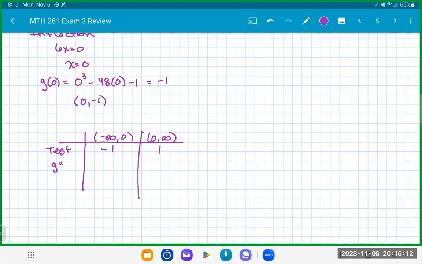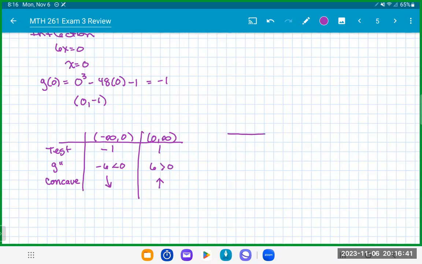We test those against our second derivative. We get -6 for the first interval, which is less than 0, so we are concave down. The second interval, we get +6, which is greater than 0, so we'll be concave up. Okay. So we use all of that information to help us graph this function.